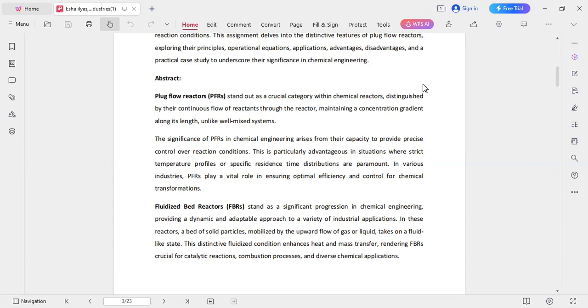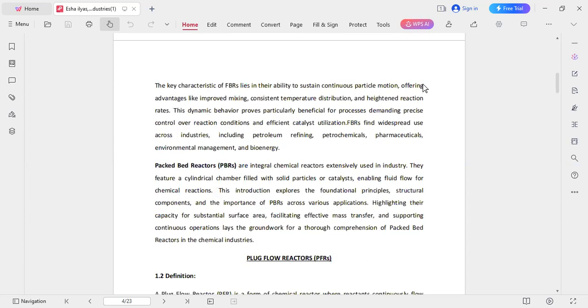This distinctive fluidized condition enhances heat and mass transfer, rendering FBRs crucial for catalytic reactions, combustion processes, and diverse chemical applications. The key characteristic of fluidized bed reactors lies in their ability to sustain continuous particle motion, offering advantages like improved mixing, consistent temperature distribution, and heightened reaction rates.